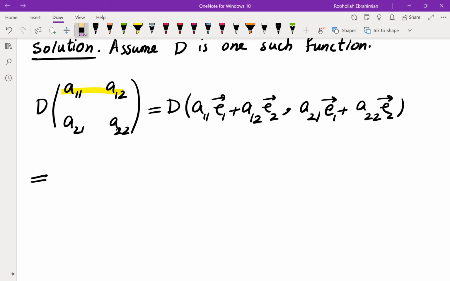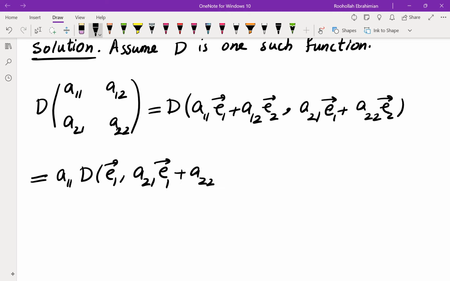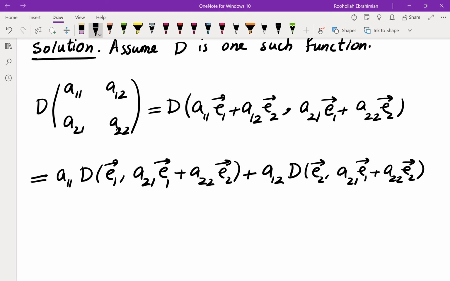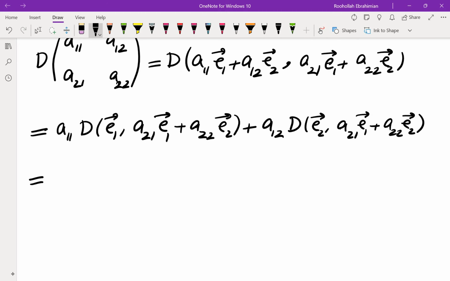Now we are going to use multilinearity as we did before. So we will get 4 different terms. Let me do it in 2 steps. We get a11 d of E1 comma a21 E1 plus a22 E2, plus a12 d of E2 comma a21 E1 plus a22 E2. So that's linearity with respect to the first row of the matrix. Let's do it again.